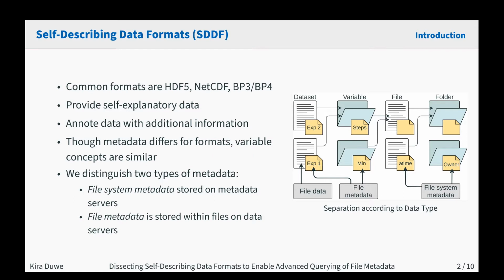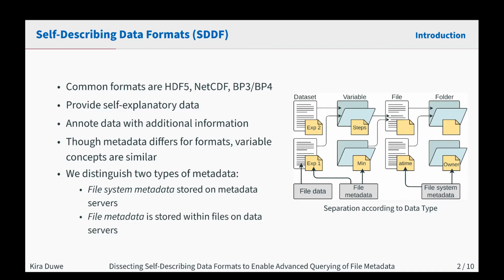The mentioned I/O libraries provide so-called self-describing data formats, or SDDF for short, like ADIOS2, NetCDF, and BP3 and BP4. Besides easing the data sifting, the goal is to provide self-explanatory data that can be exchanged between researchers easily without requiring prior knowledge to access the data. This is accomplished by the option to annotate the data with additional information, for example, about the experiment.